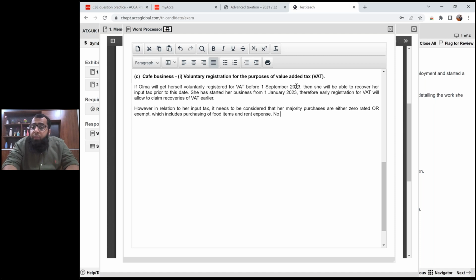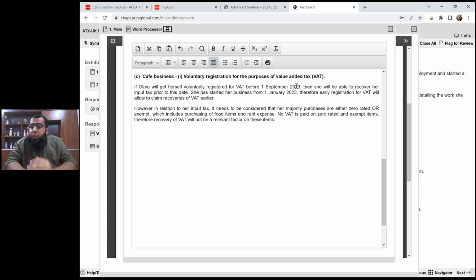No VAT is paid on zero rated and exempt items. Therefore, recovery of VAT will not be a relevant factor on these items.